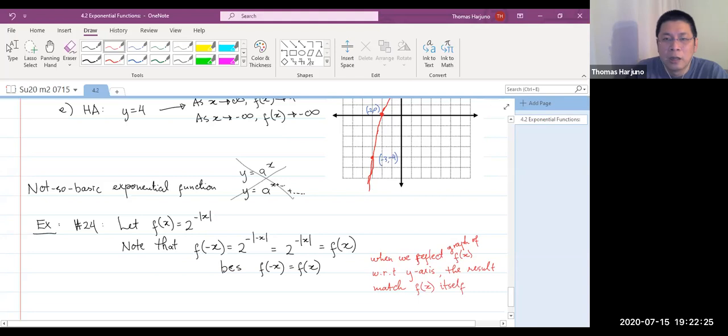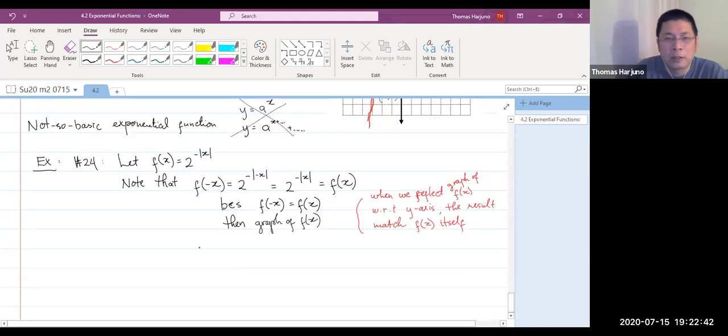We say, therefore, the graph of f(x) has y-axis symmetry. The function itself is called an even function. Okay, it has y-axis symmetry.